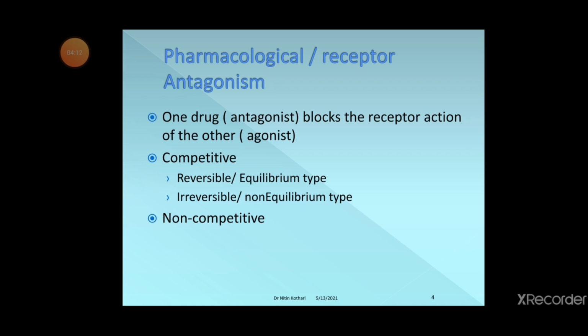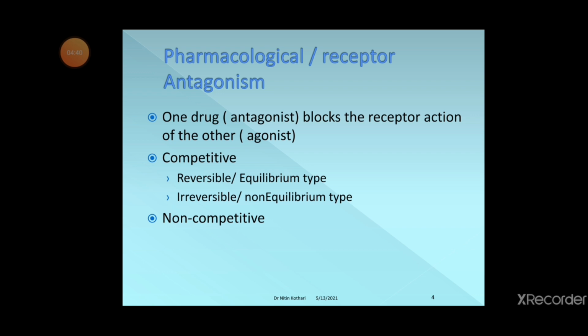When this binding between antagonist and receptor is not reversible, it is strong, they do not detach from each other, it is irreversible type of antagonism, also called non-equilibrium antagonism.